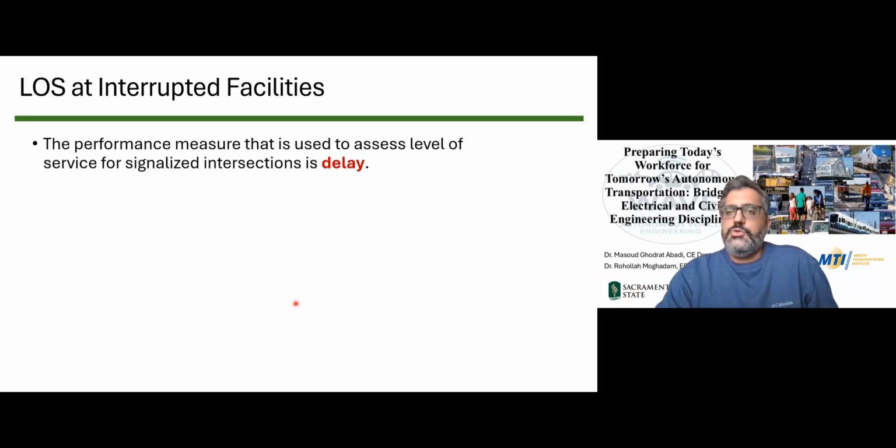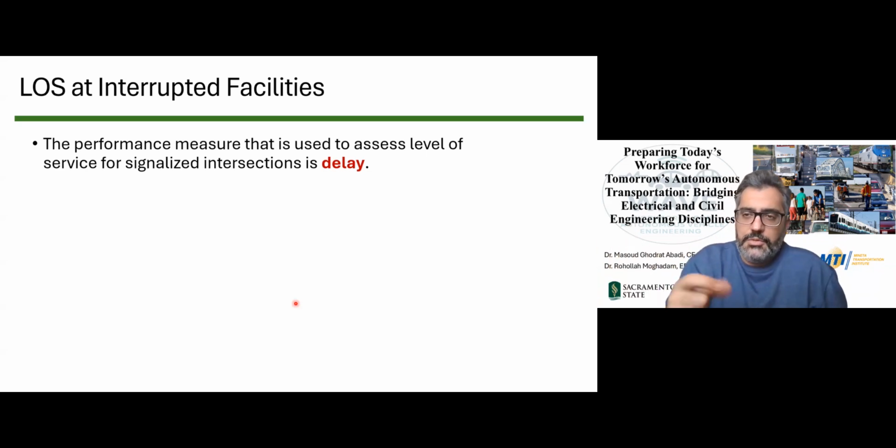So in those situations, we will use a different measure to quantify level of service, that is delay. So for the uninterrupted facilities, we were looking into free flow speed, we were looking into analysis flow rate, and we were developing density. Do you remember those 6 photos that I showed you, showing numbers of cars?